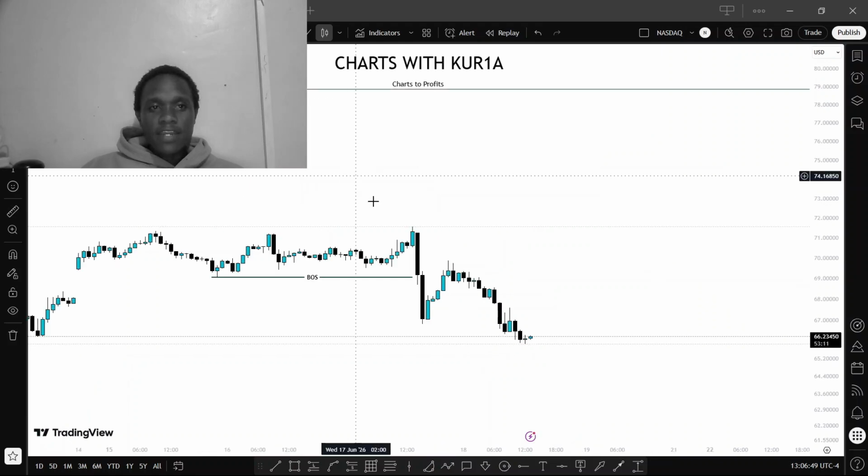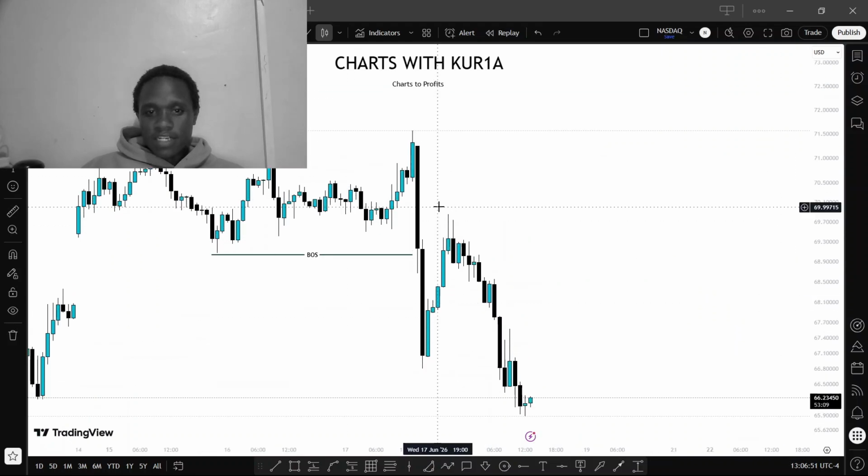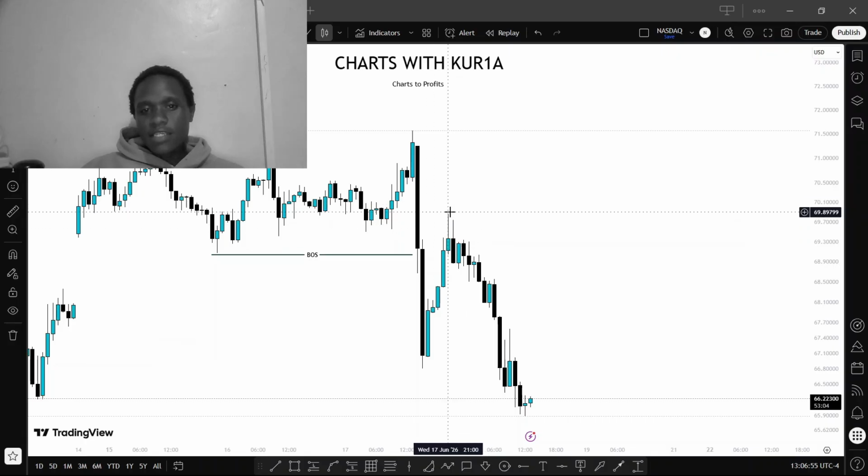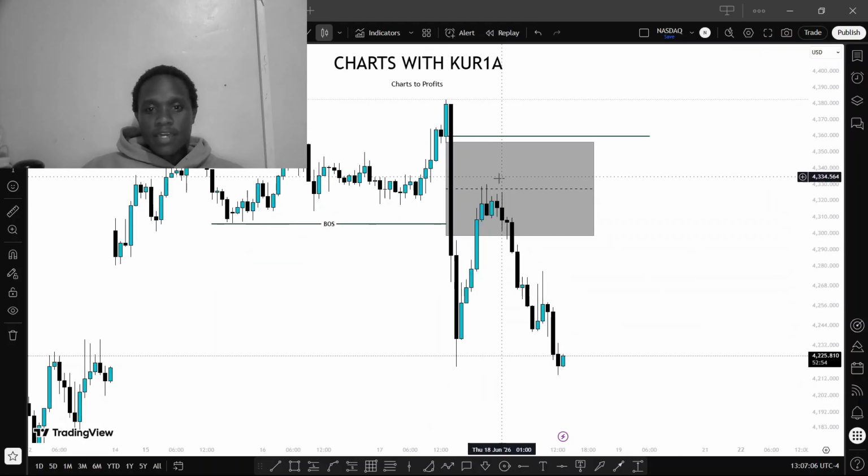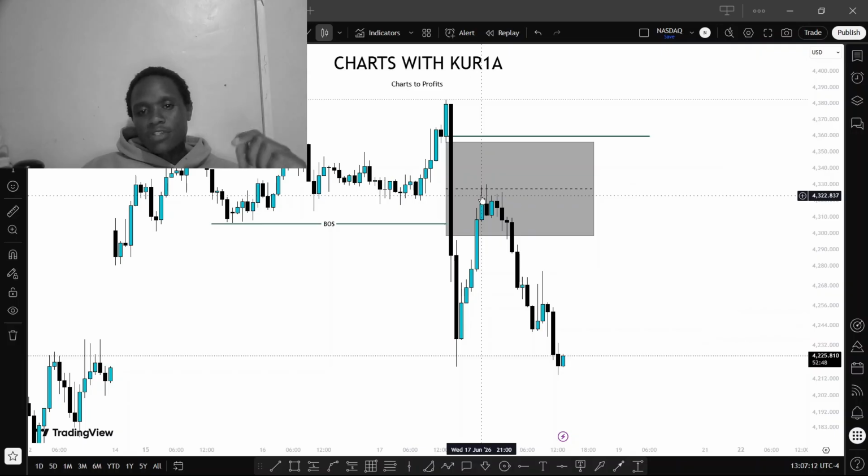And then on silver, I noticed something very interesting. We have formed something called a swing high. A swing high is a high that has a lower high to the left and a lower high to the right. So this becomes a swing high. And then on this side, we have three consecutive candles, which are happening during a very key time, the Asian kill zone.